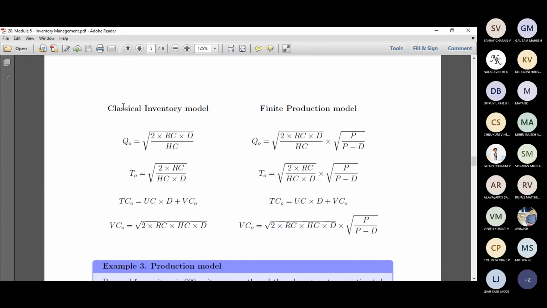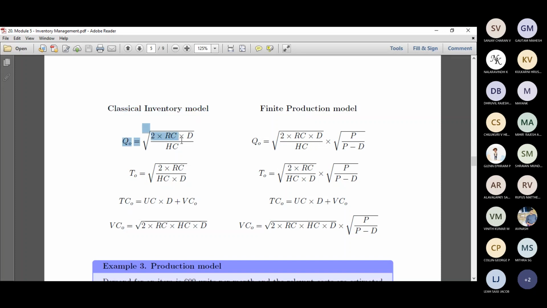So that's basically an inventory model and a production model. In an inventory model, you look into the selling of items, you talk about reserve quantity, how you replenish, and then we talked about the reorder level. But in a production model, we look into the factor of production as well, like P divided by P minus D. That's also very important, right?